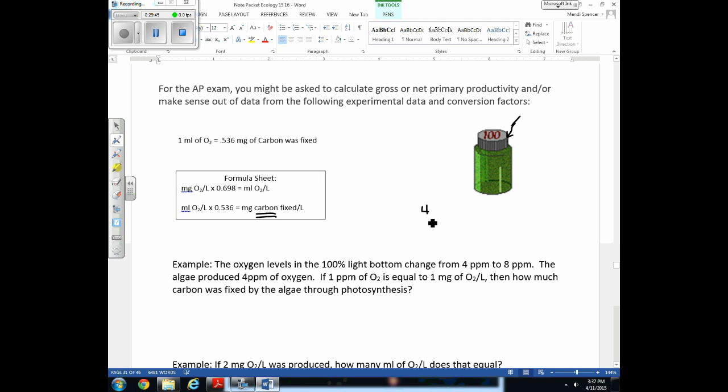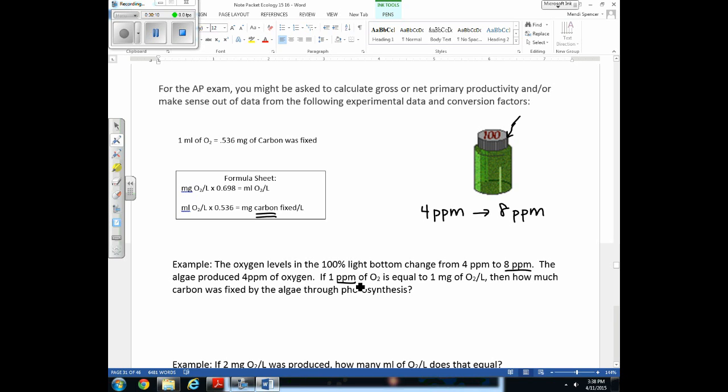Remember that we measured the initial oxygen concentration. There was 4 parts per million of oxygen in that bottle. This first example says that after we measured the oxygen levels, we determined it was 8 parts per million. So it increased by 4 parts per million because of photosynthesis.